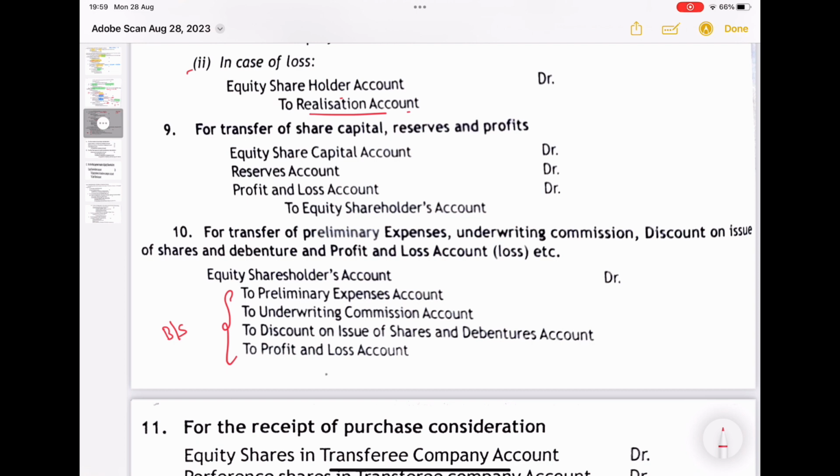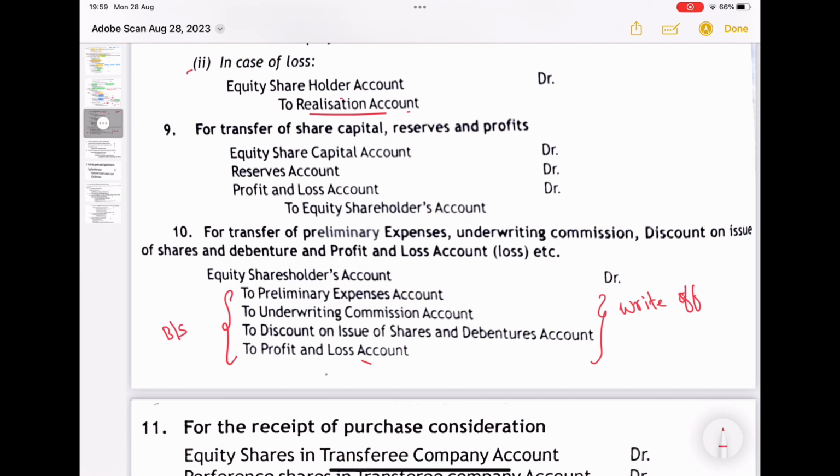So equity shareholders account debtor, we are going to write off all these expenditures. Why are we writing off all the expenditures? Because we are going to close down the company's books of account. During that time, all the expenses, liabilities, assets and income have to be transferred, isn't it?